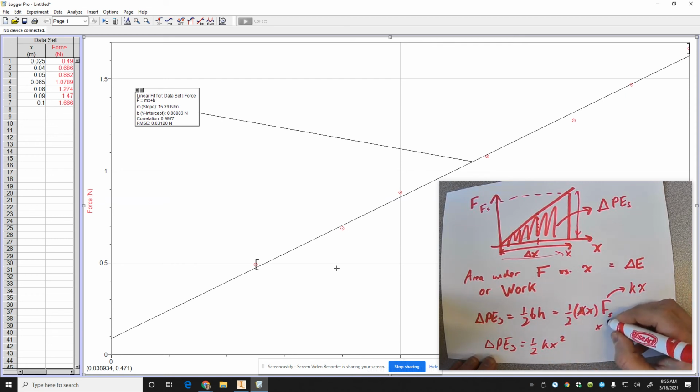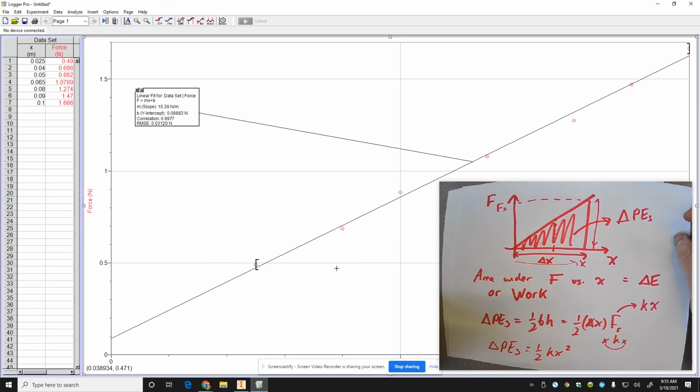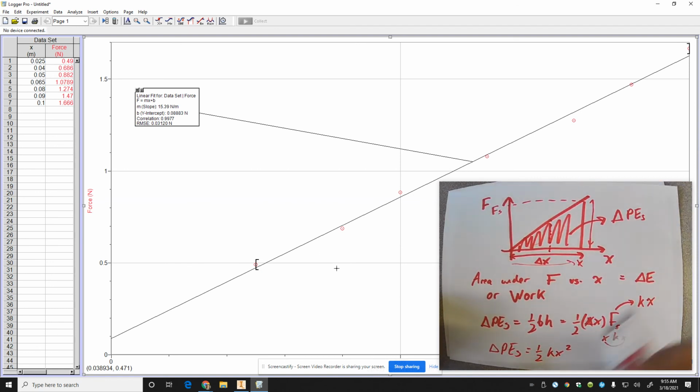Because it's x times kx. That becomes x squared, and we usually put the k there. So that's the derivation of the spring energy formula for you. All right? This part doesn't need to go in the lab, but you do need to know that. So make sure you think about that.